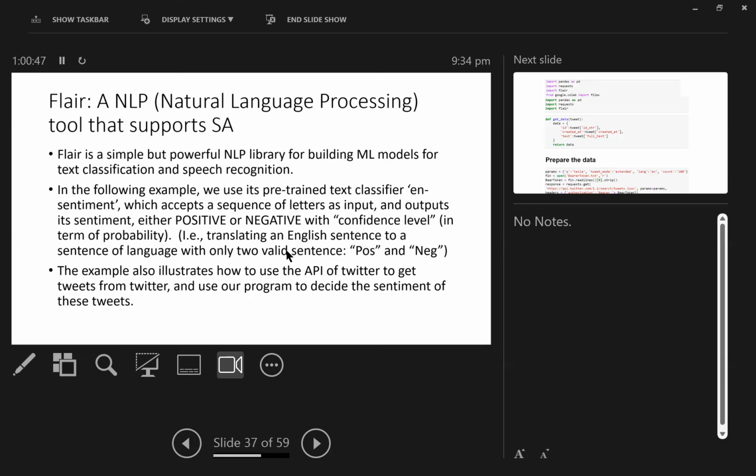Now, what we do next is to make use of some natural language library to help us understand a message or document in order to decide whether the document is positive or negative.